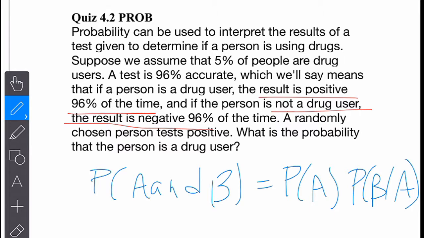In this case, our A, let me put it in terms of the problem.